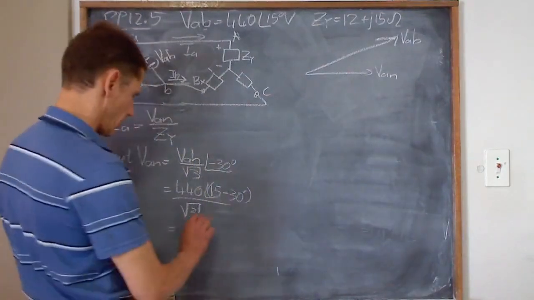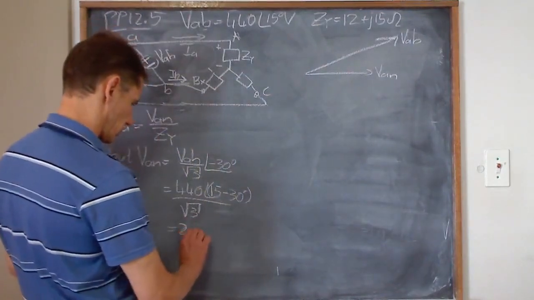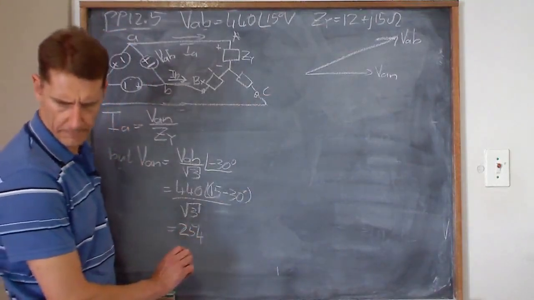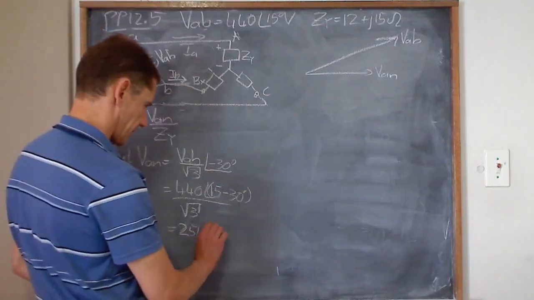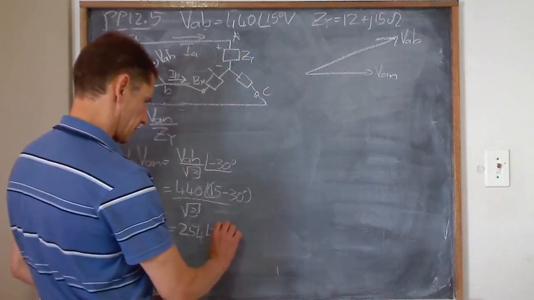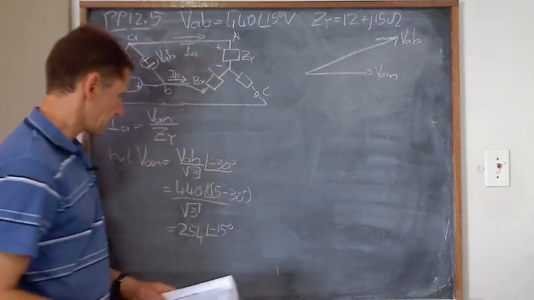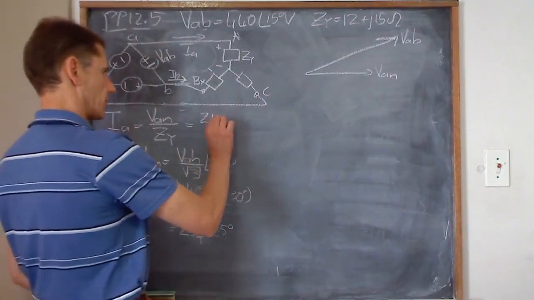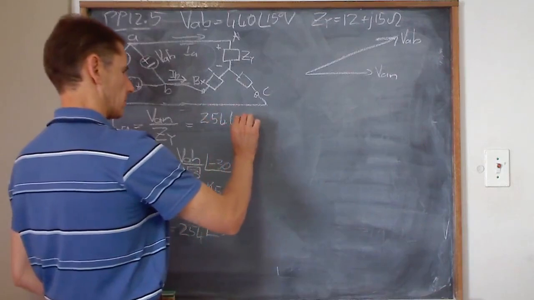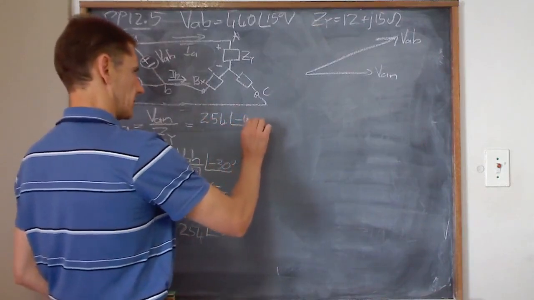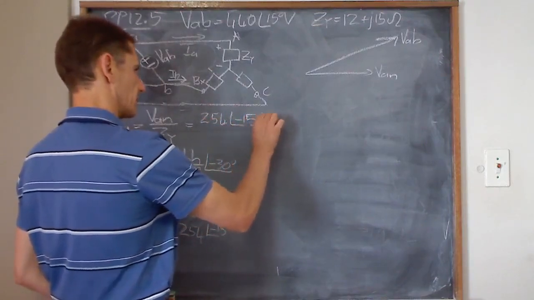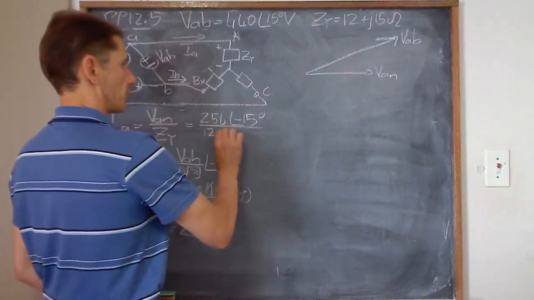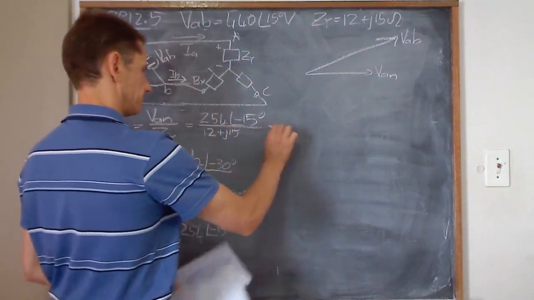Okay, it gives me a value of 254.03 angle minus 15 degrees. So then I plug this value in here: 254 angle minus 15 degrees, divided by 12 plus j15.